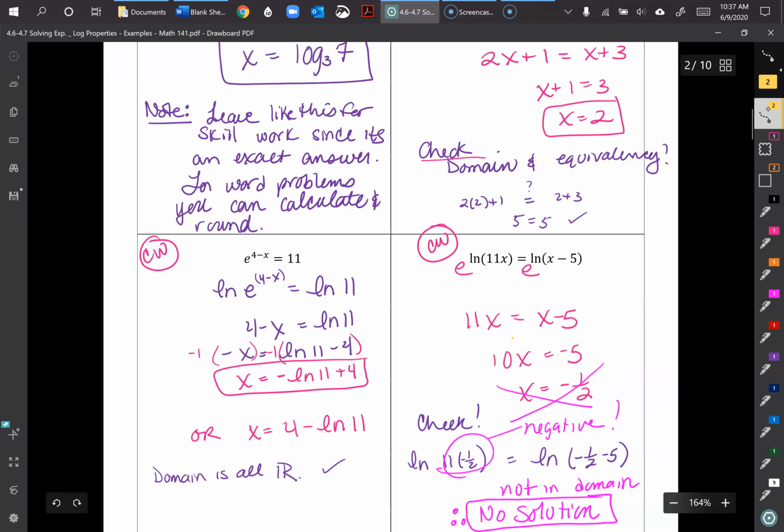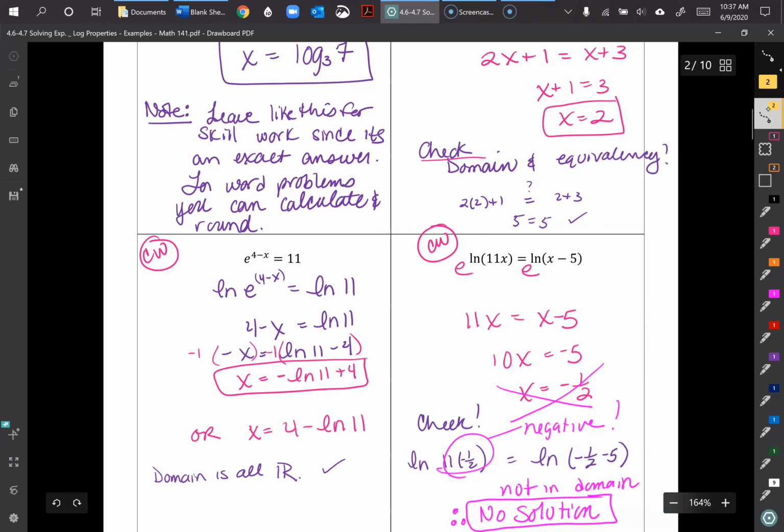So we have 11x equals x minus 5. And then solve it out. We get x equals negative a half. So the problem there is that we end up with a negative in the argument that we're taking a log of, and we can't have that. That's not in the domain. So we would cross that out. That's extraneous, and we have to write our answer as no solution.